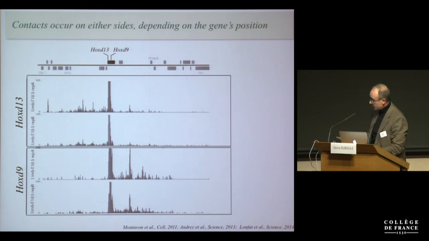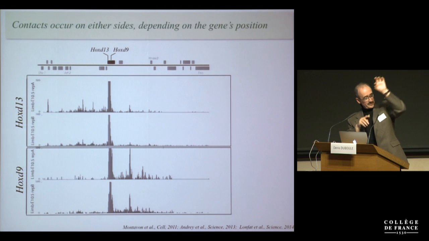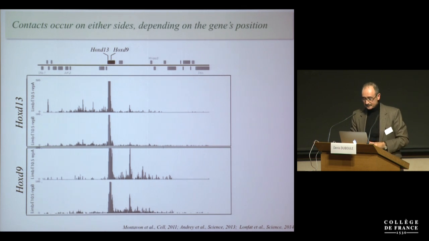Okay? Now, in contrast, when he looked at gene number 9, he saw that most of the contacts outside the cluster were observed on the telomeric gene desert, very few on the centromeric gene desert, meaning that these 2 genes have completely different tropism. Yet they are distant from one another by something like 20 to 30 kilobases. Okay? One is systematically on that side, the other one is systematically on this side.